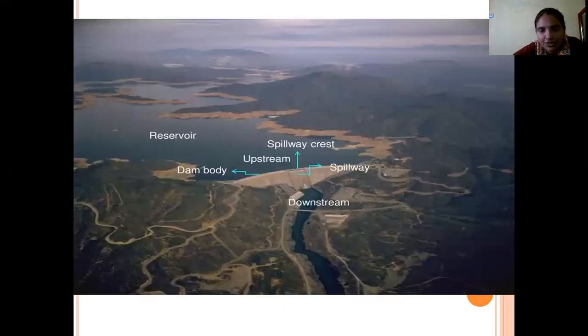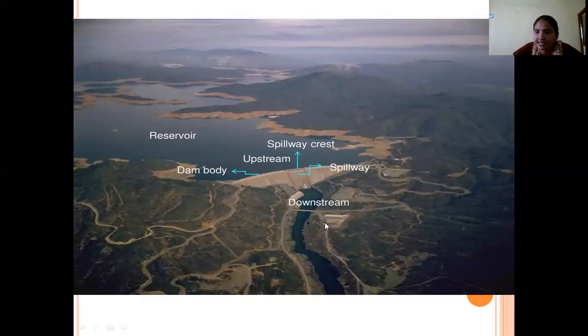So, when coming to the reservoir and dam structure, this is the reservoir. And this is the dam. On the reservoir side, the wall of the dam is straight, and that is called the reservoir side. The dam's reservoir side is called the upstream area, and the water released from the dam to the river is called the downstream.